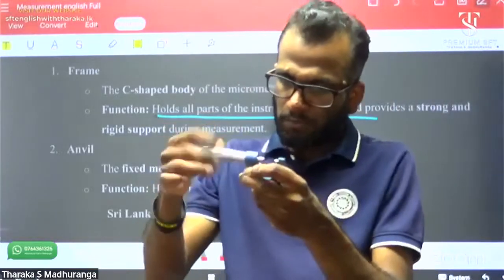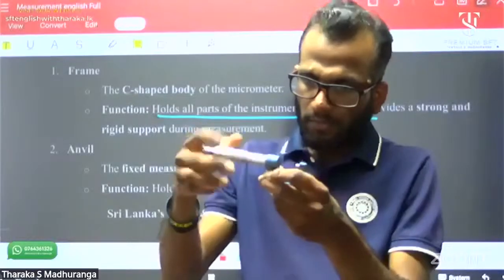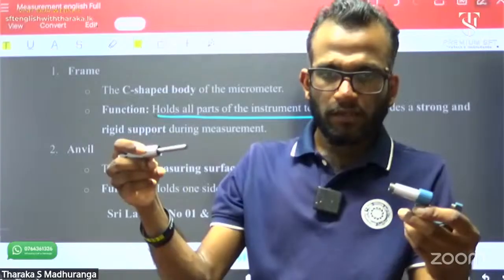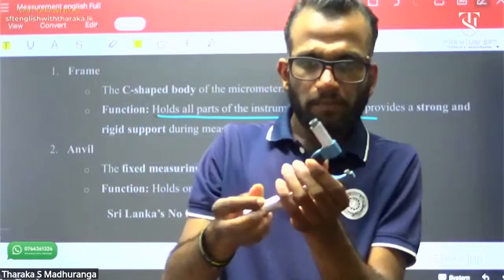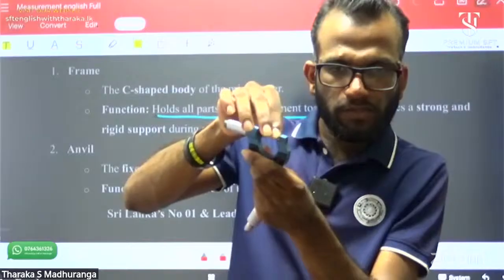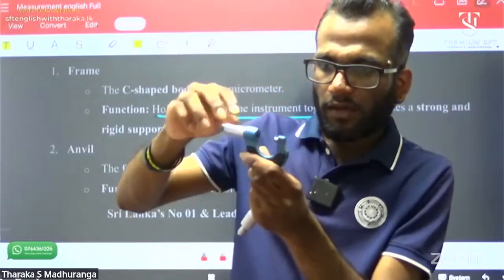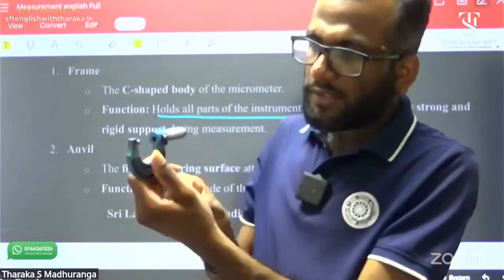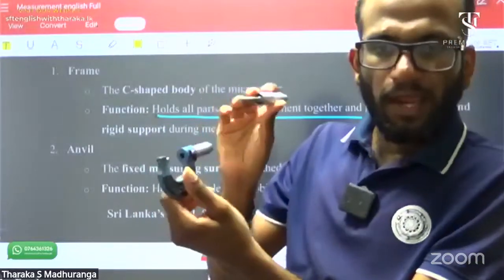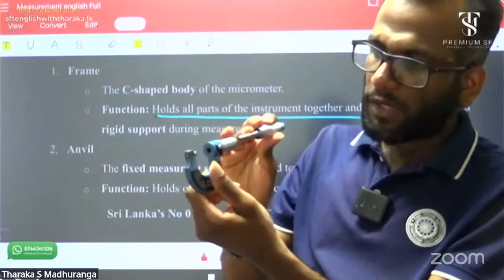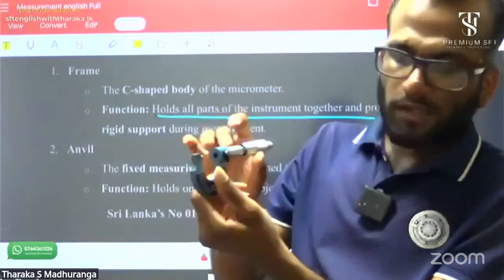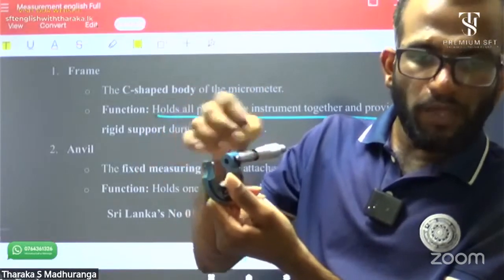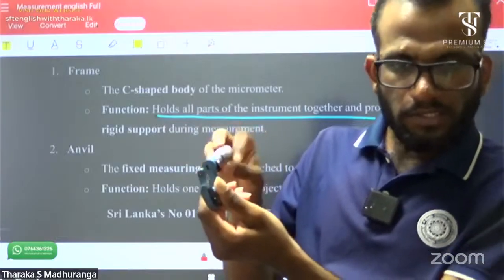If I release these parts, see, this is the U frame, and the anvil is connected to it. The linear scale, which includes the sleeve, is connected to the U frame, and the circular scale and spindle are separate parts connected to this sleeve. Then all parts are held at the U frame, right? Clear?